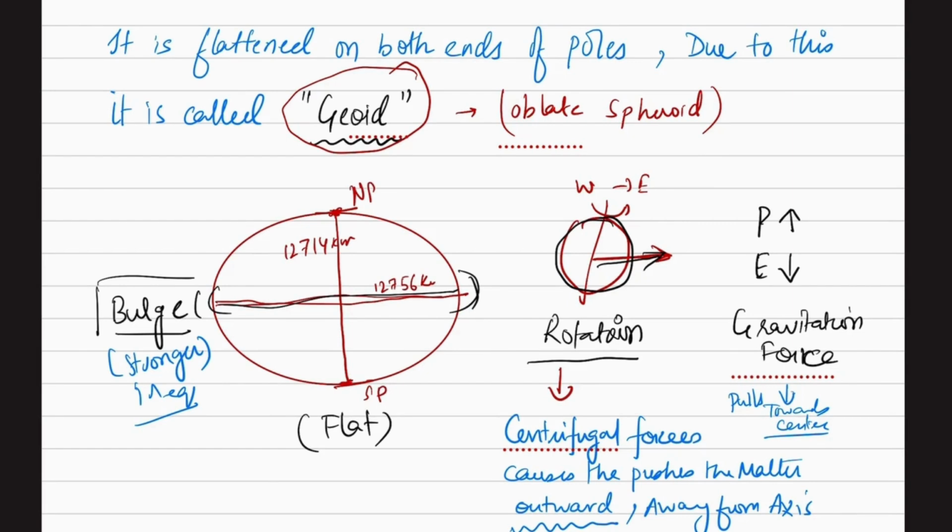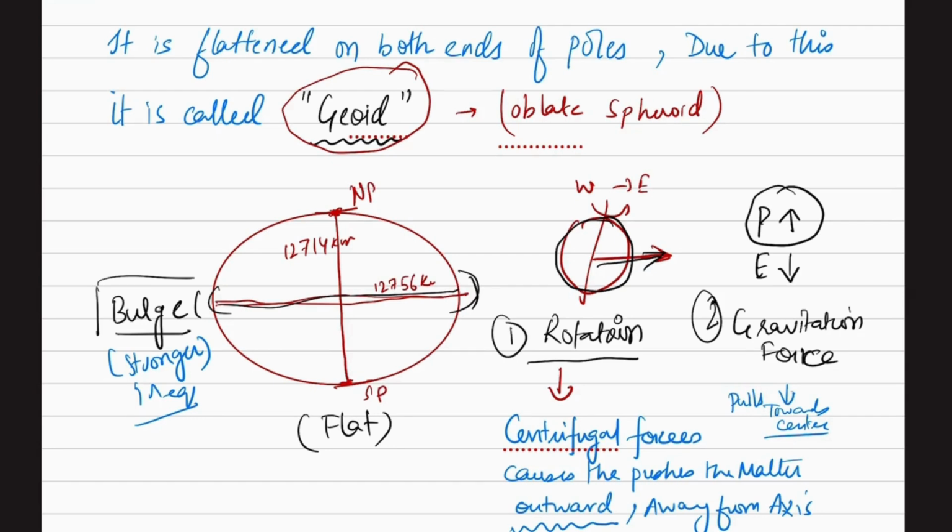There is another reason, that is gravitational force. Second is gravitational force, the first is rotation. Gravitational force क्या करता है? It pulls everything towards the center of the earth. जब center of the earth में हम pull करेंगे तो due to this bulginess, the gravitational force is weaker at the equatorial part, and it is stronger in the polar regions, in the poles.